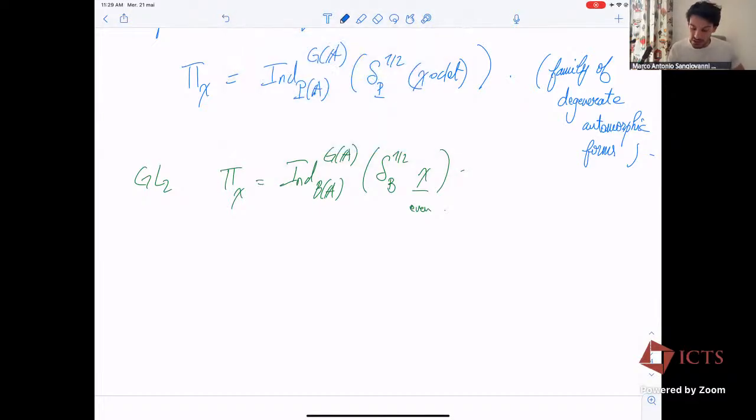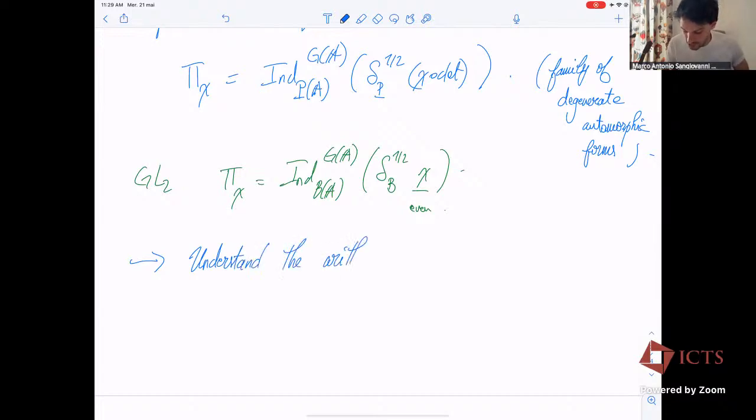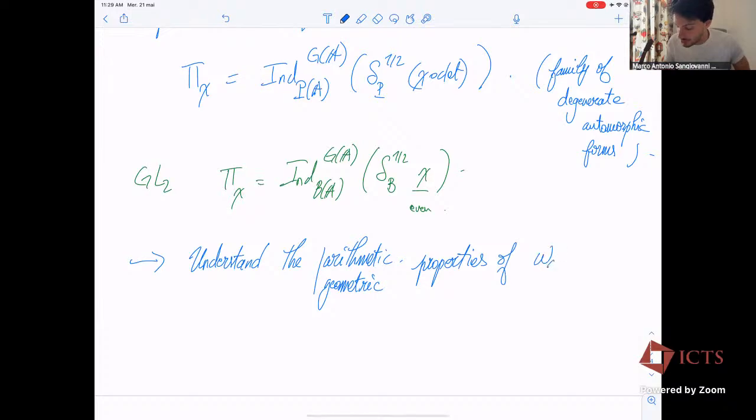So the aim of the rest of the talk is to try to understand the arithmetic, or maybe more geometric, properties of omega chi, which was my E chi z dz.